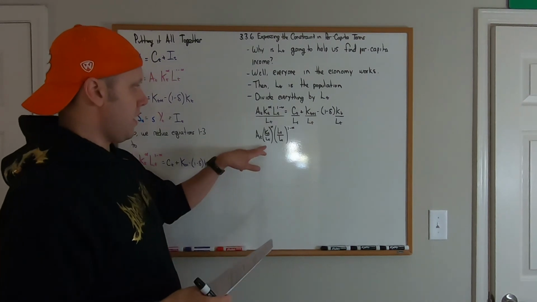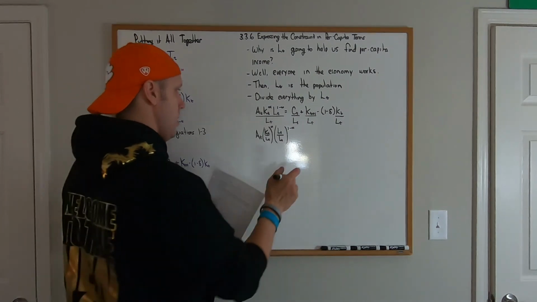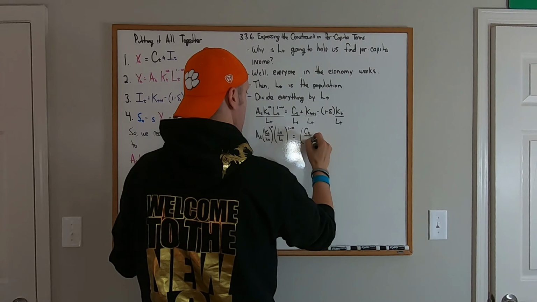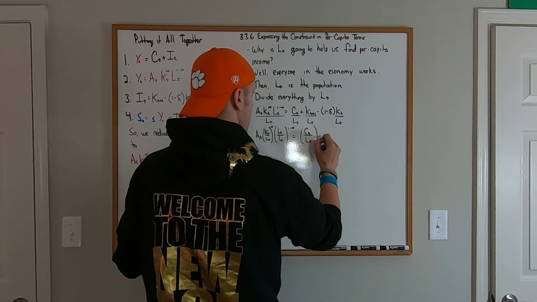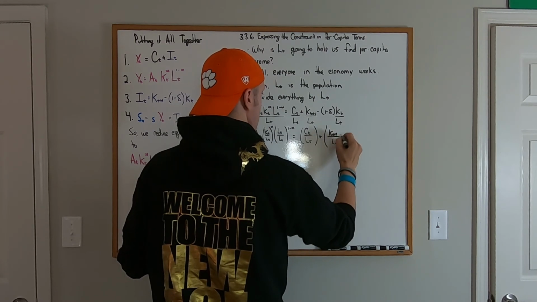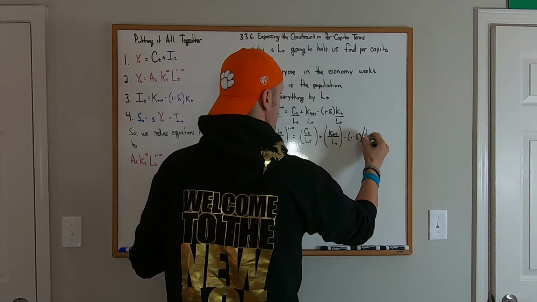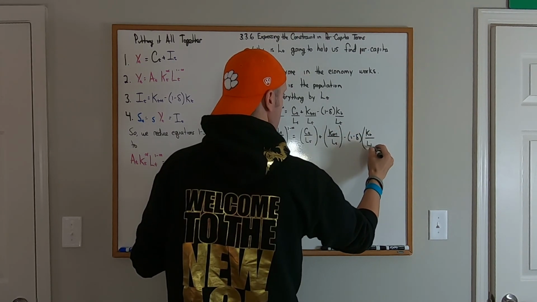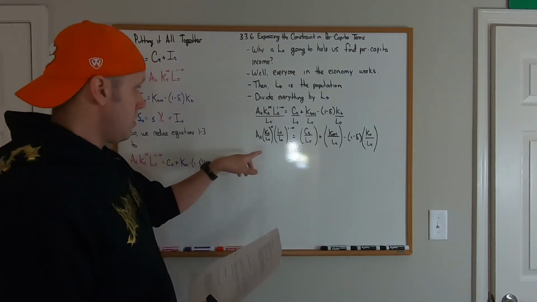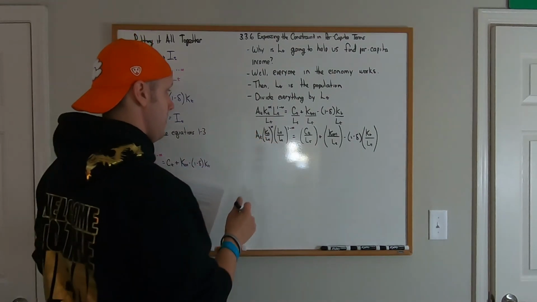So you can think of it like this. We're dividing these endogenous variables by LT. We're going to have CT over LT. So if you think about it this way, LT over LT is just 1.